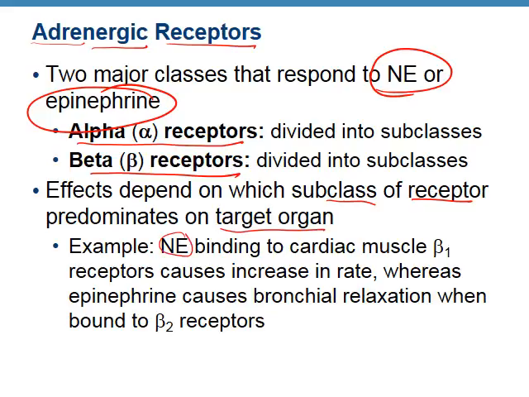For example, norepinephrine binds to cardiac muscle, and specifically beta receptors can cause an increase in heart rate. Whereas when epinephrine binds a beta-2 receptor, it can cause bronchial relaxation. So epinephrine binds to an epinephrine receptor, but it could be of the alpha or beta variety.